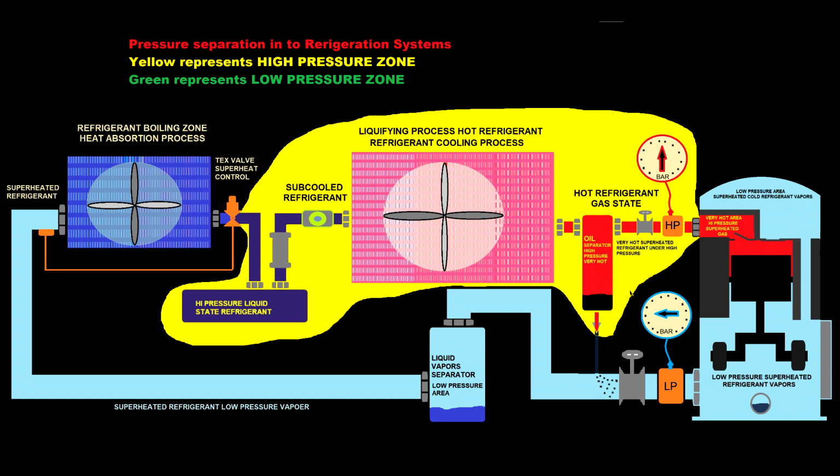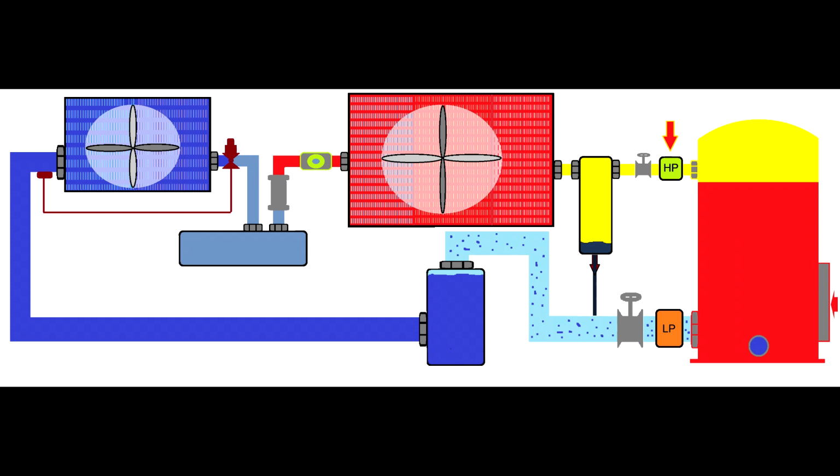Once that gas passes by the condenser, the temperature will drop, and then you have to see what temperature you have to apply at a specific pressure for the refrigerant to be superheated.